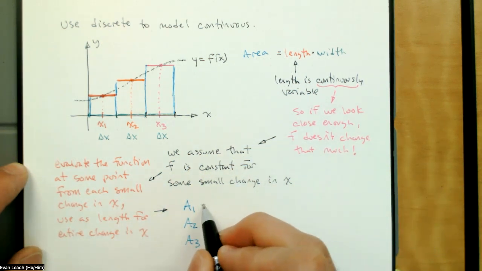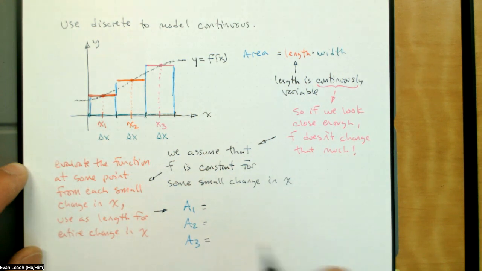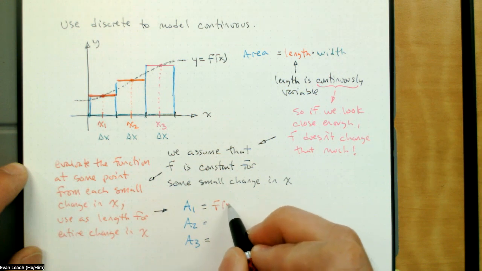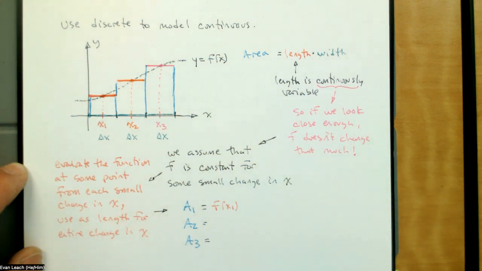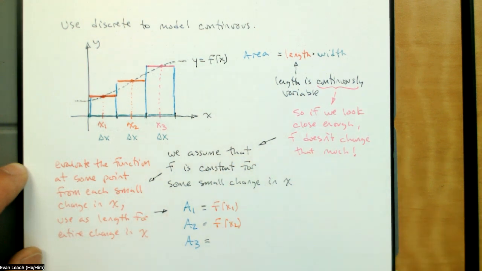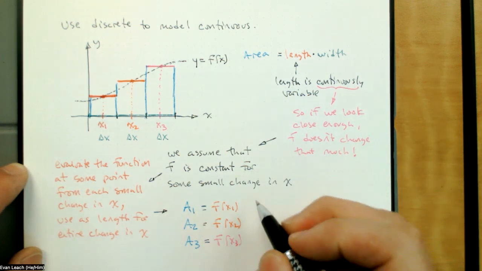They're just going to be each of these different lengths, multiplied by our width.